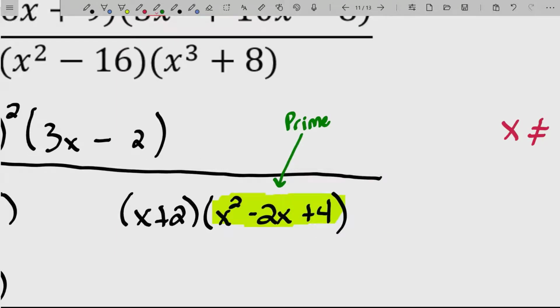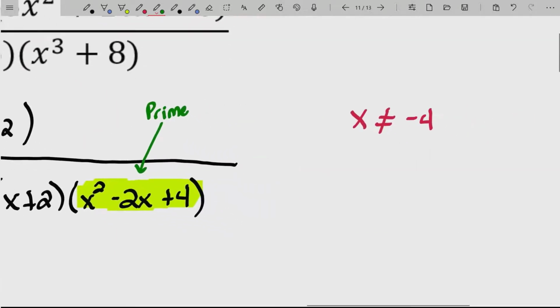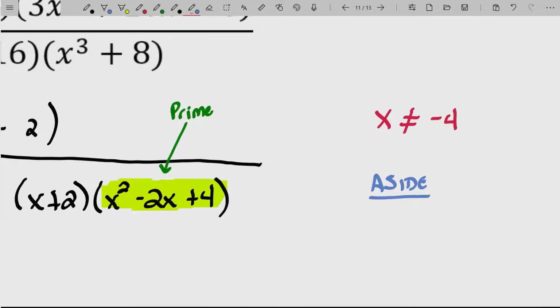If you want a really fast aside as to why, I just thought about this and figured it might be nice for those who are really interested in theory. If you're moving on into pre-calculus, you have to get used to proofs. And if you're moving on to calculus, you definitely have to get used to proofs. So let's discuss why that is prime.